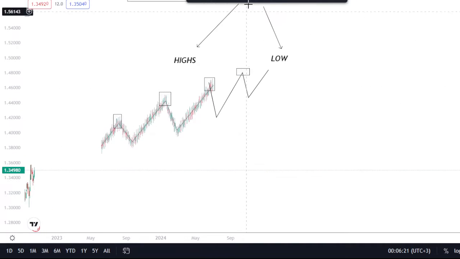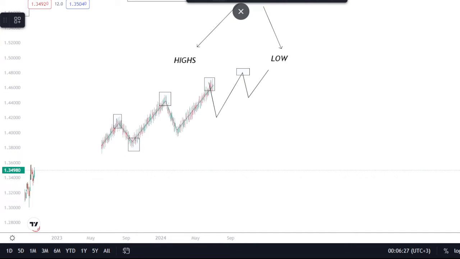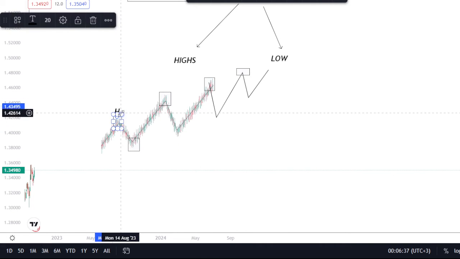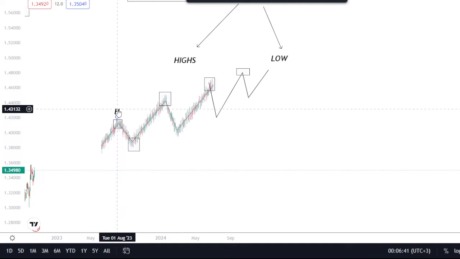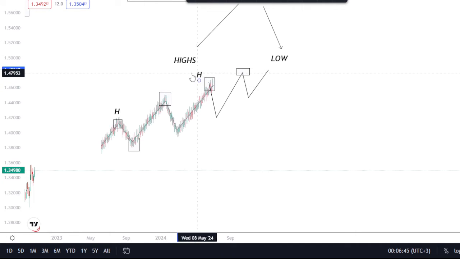What do you mean by the lows now? These now are the lows. For highs, let me highlight this high with an edge. Everything that I've indicated with an edge like this is a high, and again this is a high, this is a high.